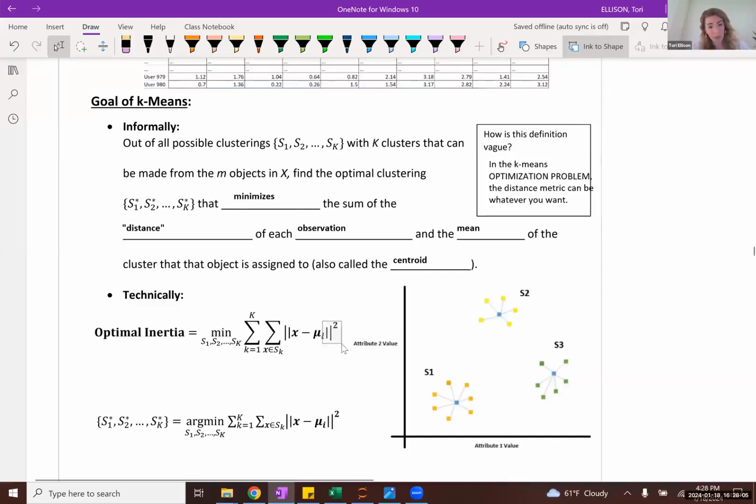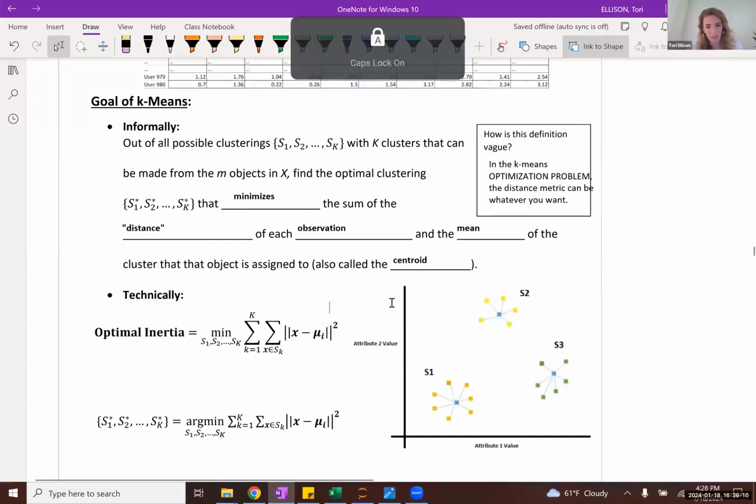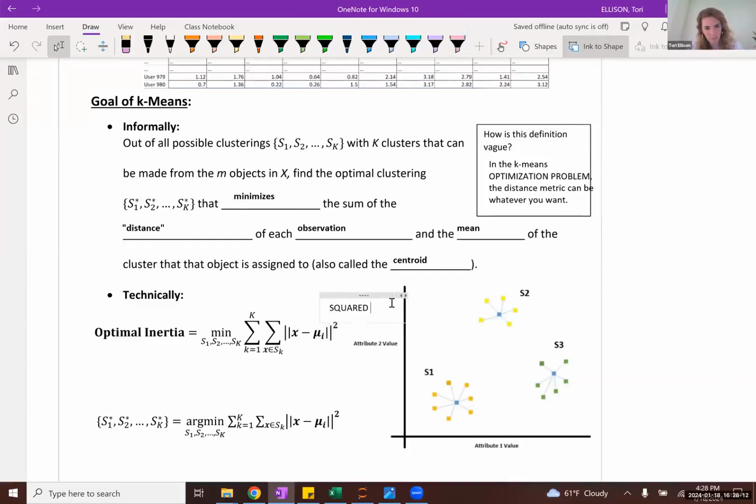So we're actually going to use the squared Euclidean distance as our distance metric between every observation and the centroid. And we'll talk about why in a second.